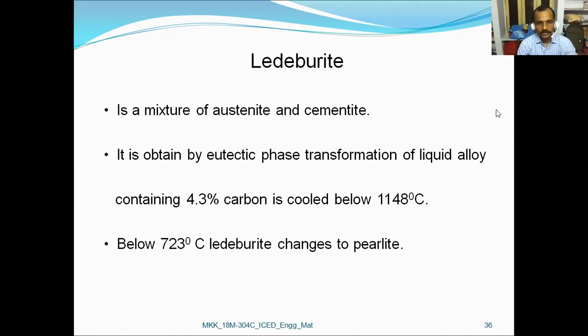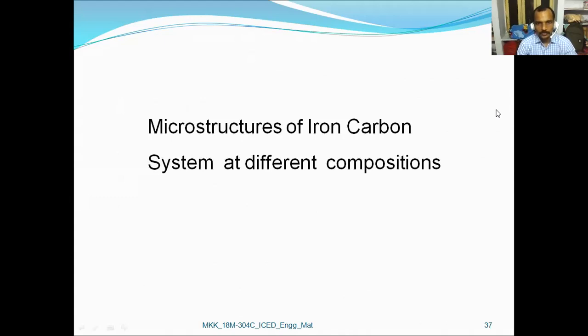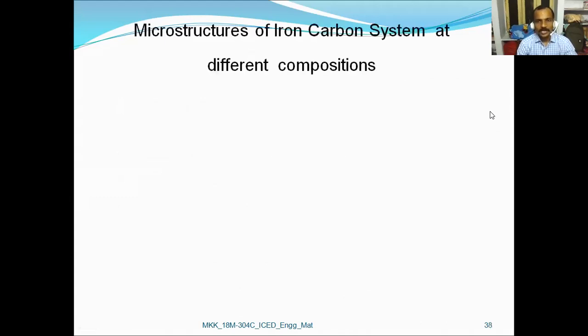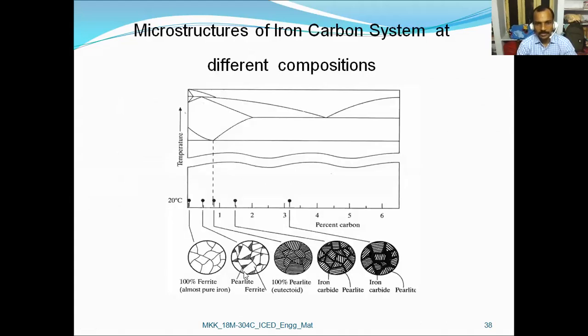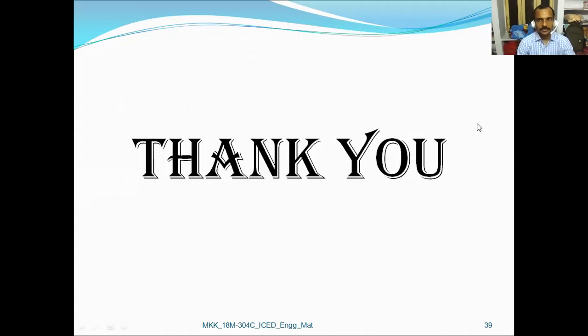Below 723 degrees centigrade, ledeburite changes to pearlite. So we have discussed different iron-carbon system compositions. These are the diagrams having the compositions at different phases. With this, we are completing this particular presentation.